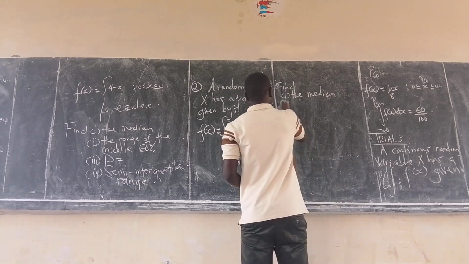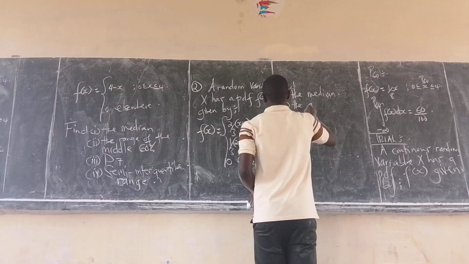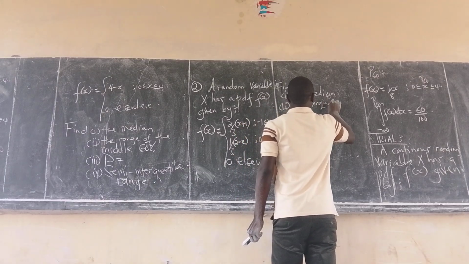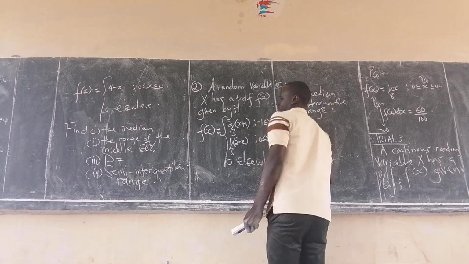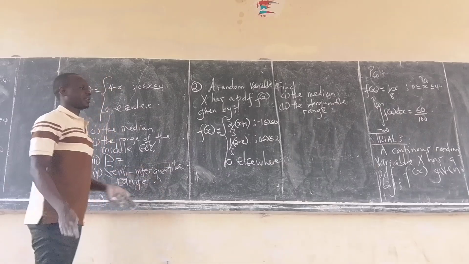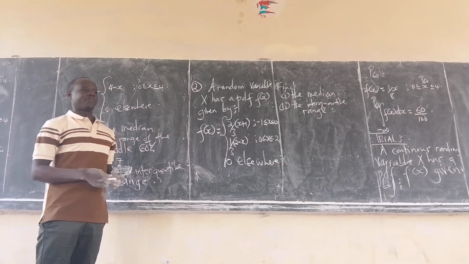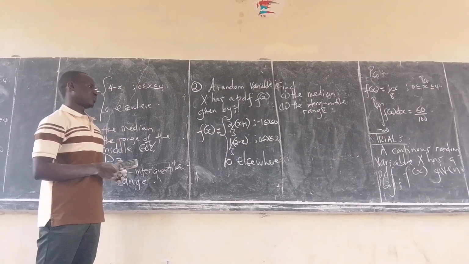Then Roman 2 is the interquartile range. So we said we can't find the interquartile range first, but first find the upper quartile, then after finding the upper quartile, you find the lower quartile, then you substitute and you have the solution.